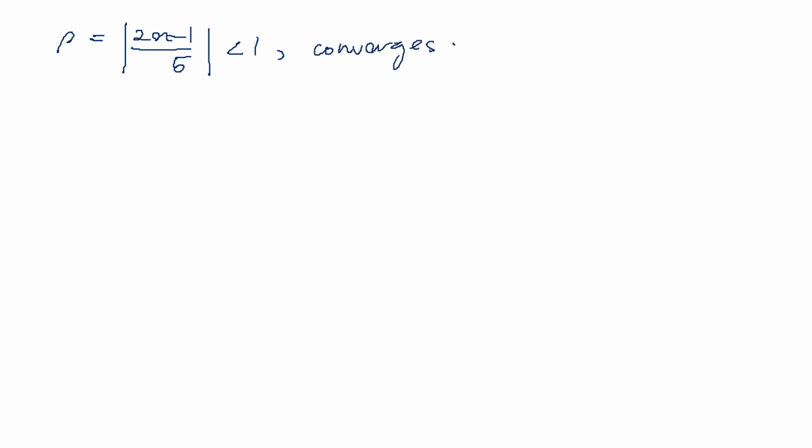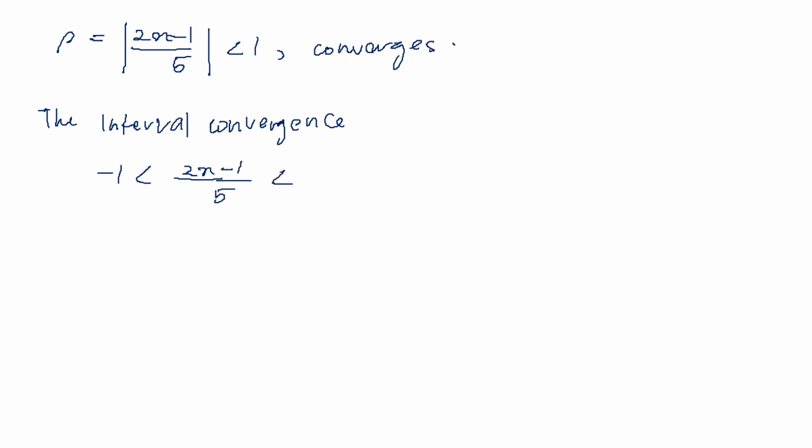So what you need to do is find the interval of convergence. For the interval of convergence, -1 less than (2x minus 1)/5 less than 1. You have to solve this one by one.